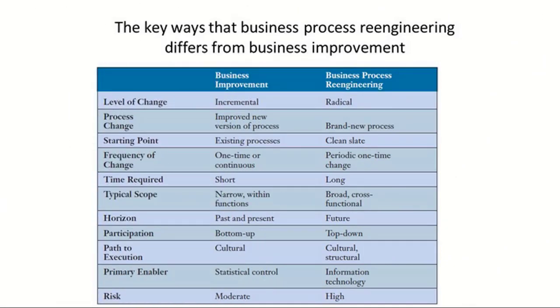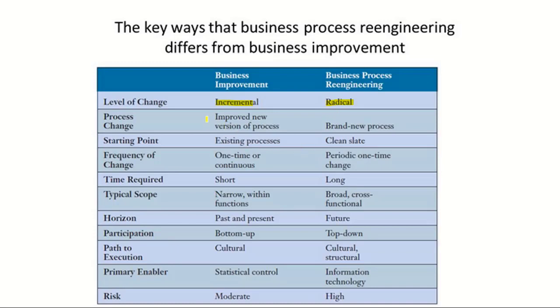So we have here the key ways that business process reengineering differs from business improvement. In terms of level of change, business improvement is incremental, while business process reengineering is radical. So it means there's a term, radically open-minded.